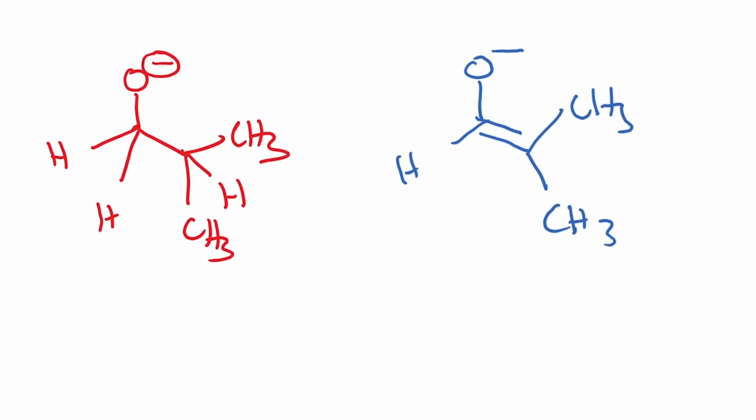If you notice, the difference between these two compounds is this CH2 over here, and this system is a conjugated system, and therefore the enolate is more delocalized compared to the alkoxide, and therefore one would expect that the enol would be more acidic compared to a regular alcohol.